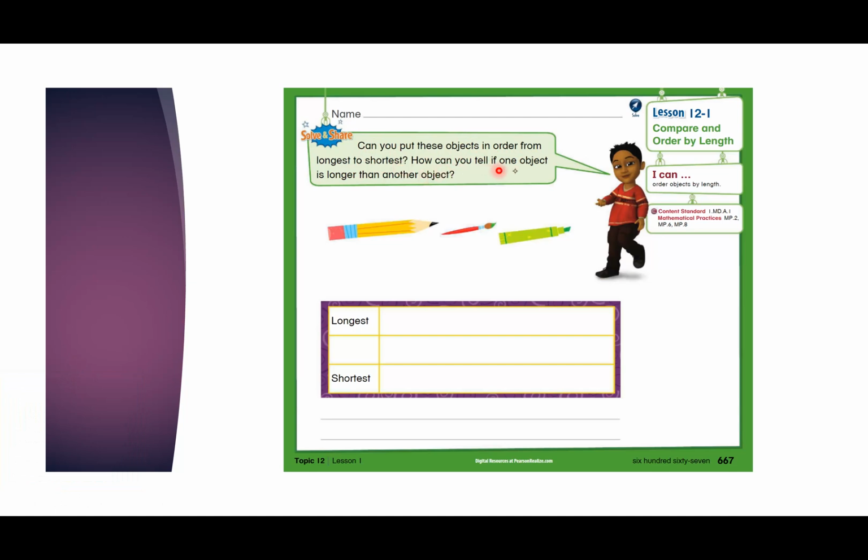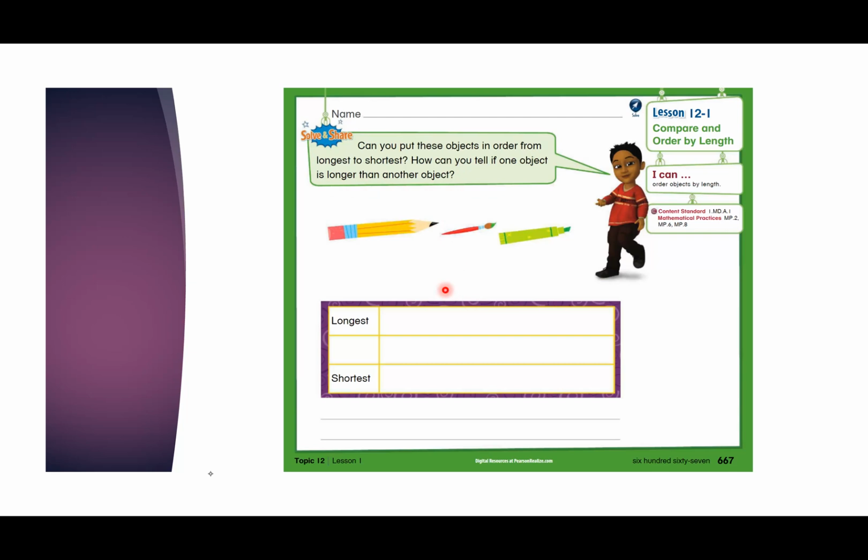How can you tell if one object is longer than another object? Now here we are comparing it by the length. Now I want you to take the pencil, the paintbrush, and the marker together, line up together. Now you will measure. I want you to pile them all together and then tell me which is the longest and which is the shortest.